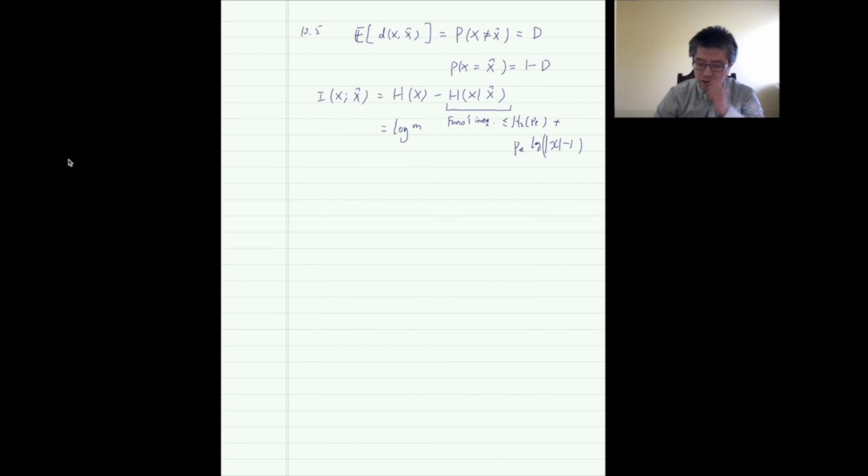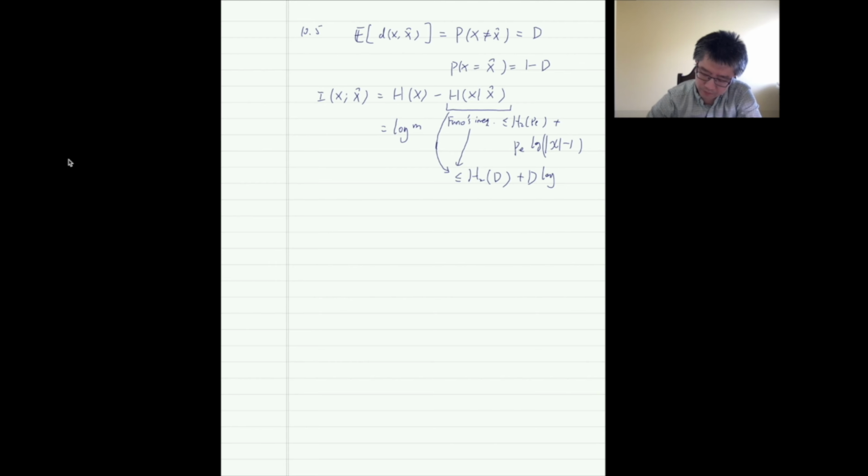Okay, and if we apply this inequality here, using Fano we can show that this guy will be less than or equal to what? H2 of PE, where PE is nothing but D, right? So the binary entropy of D with parameter D, plus, again, PE is our D, and the log of the cardinality of X is log M, right?